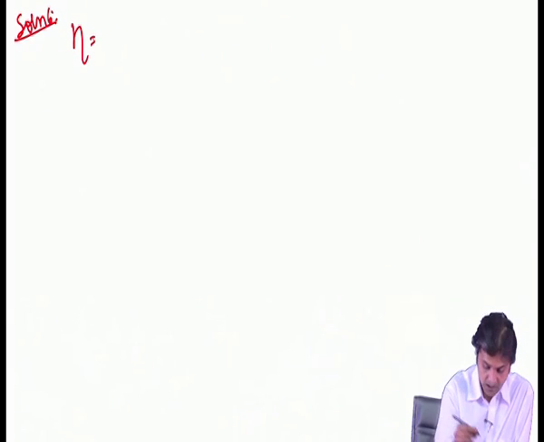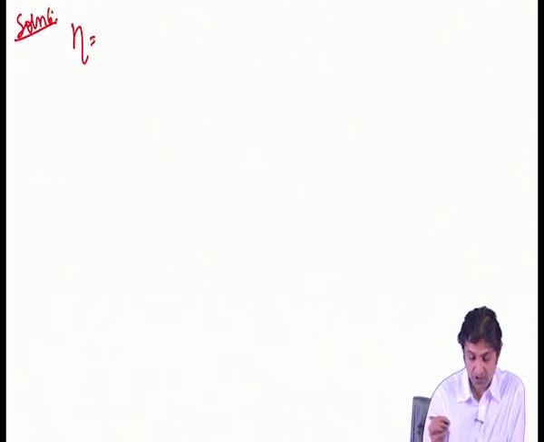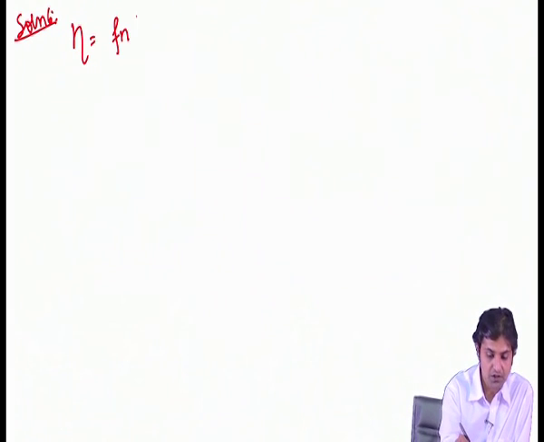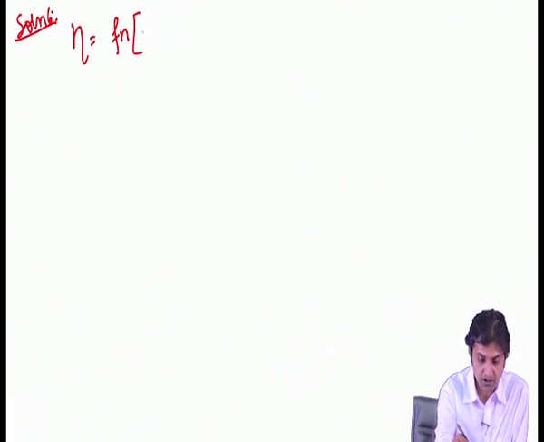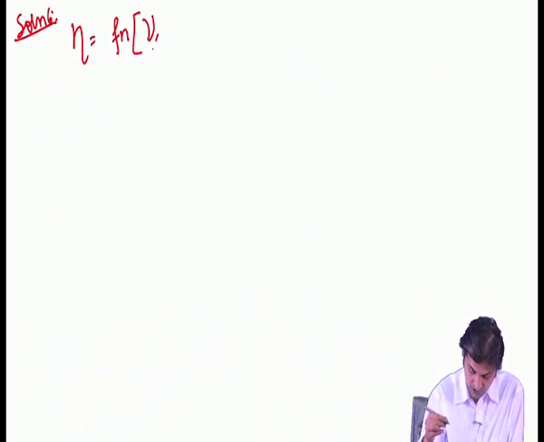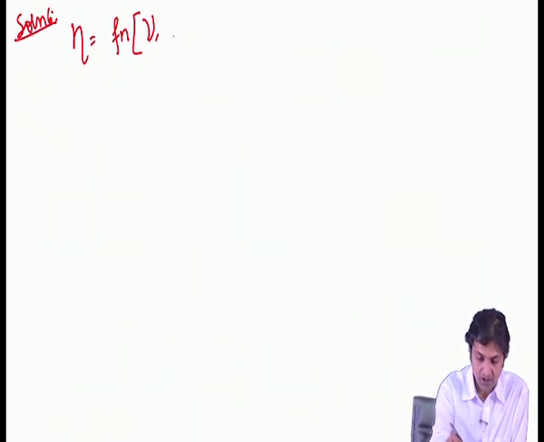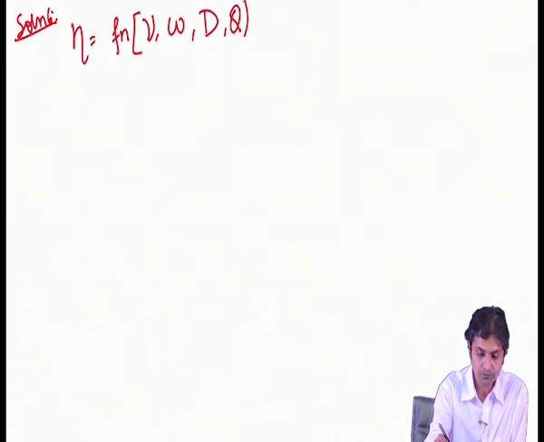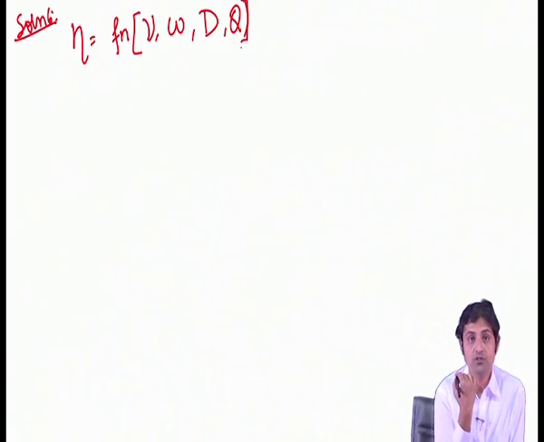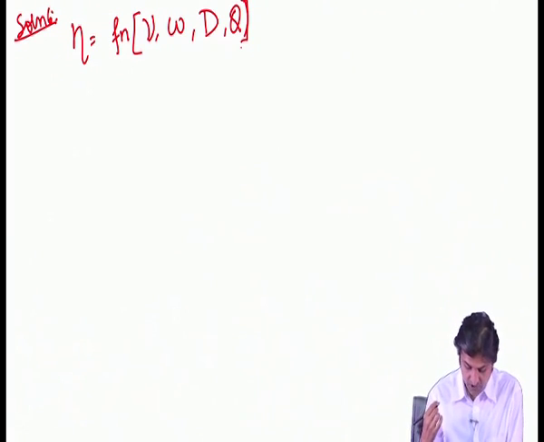So, this eta, the efficiency of the fan, is a function of what all variables have been told: viscosity nu, the angular velocity omega, diameter d of the rotor, and discharge q. All right. So, this is the first relationship that we obtain.